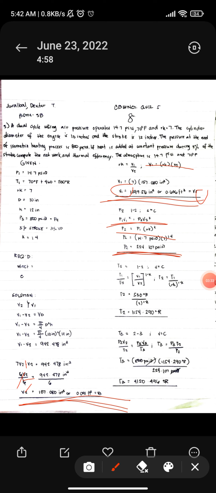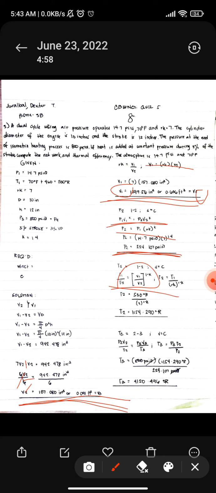For the T2 naman, 1 to 2 S equals C. So T1 over T2 is equals to V2 over V1 raised to k minus 1. So derive lang natin ito. So T2 equals T1 times V1 over V2 or yung V1 over V2 is equals to rk raised to k minus 1.